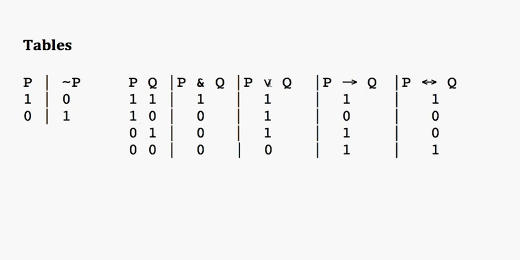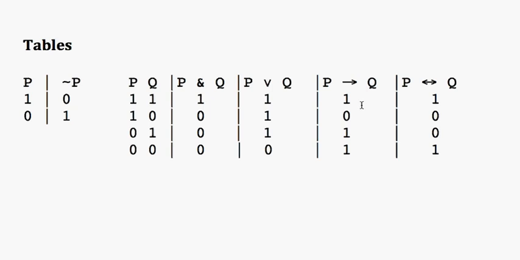So when we go over and look at the column under the or, in the first three cases we have a 1 for true. In the final case, however, if P and Q are both false, then we don't have at least one true part for our or statement, and the or statement is false. So the table is simply recording something that we can say in English in other ways, but when you get a bunch of these things interacting, the table turns out to be a useful tool for thinking about it.